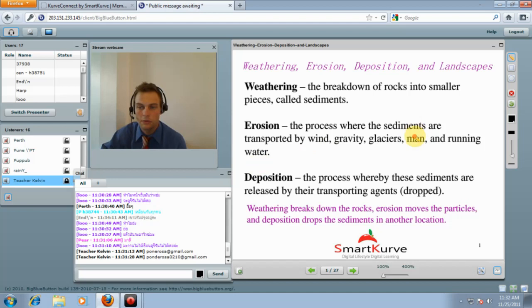Hopefully we'll talk a little bit about man and our influence on erosion. And there's deposition, which is how these sediments are left behind, what way they're arranged, and how we can look at the way they're arranged and see what's happened in the past. So knowing these things is very key to knowing the history of the planet.